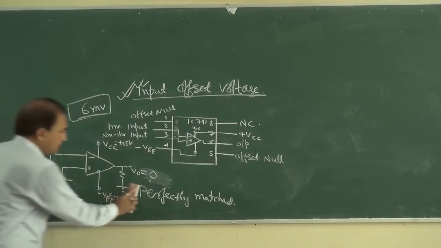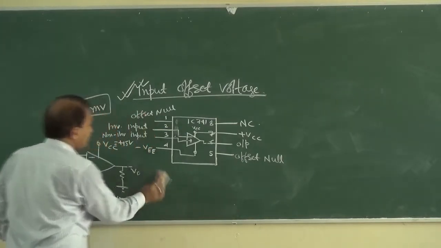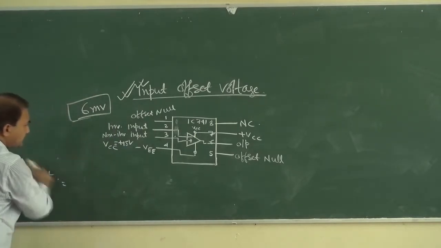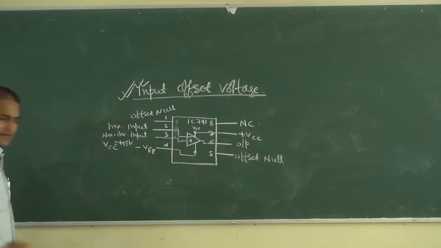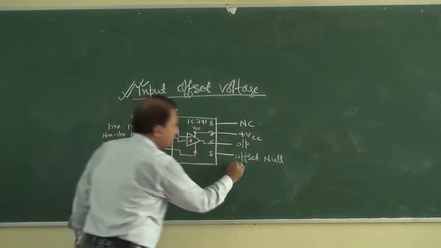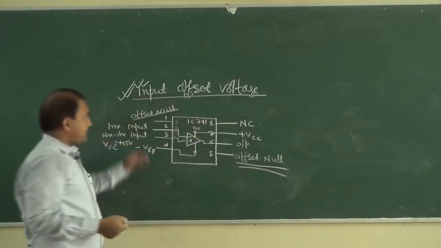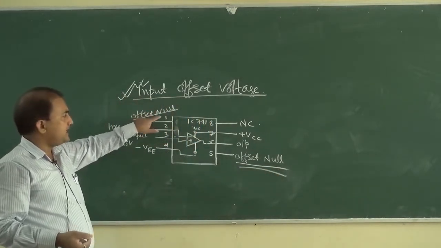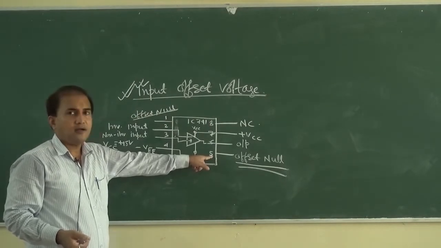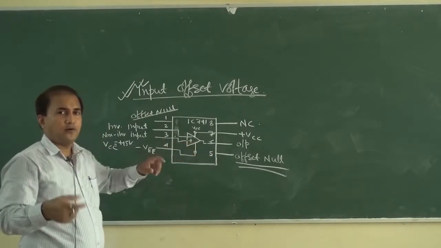So how is V output made equal to 0? It is done by using offset null. Here we are seeing two pins, pin number 1 and pin number 5. They are used for nulling the output.